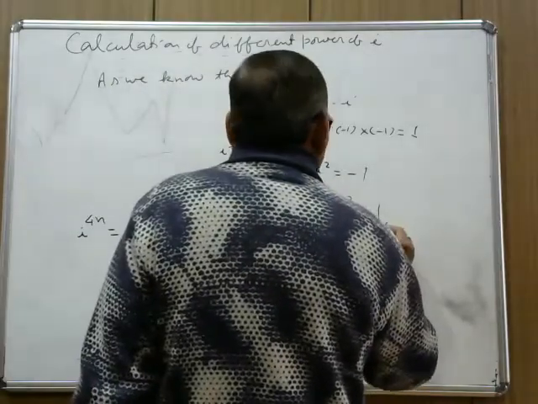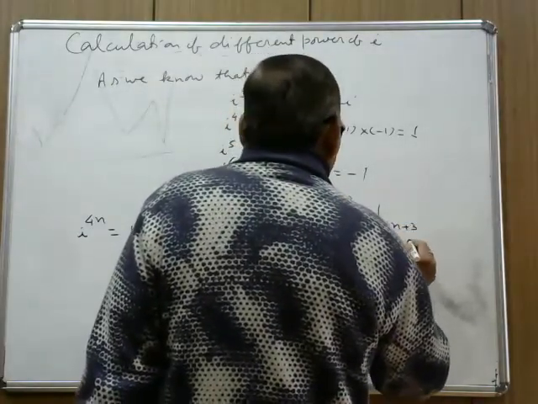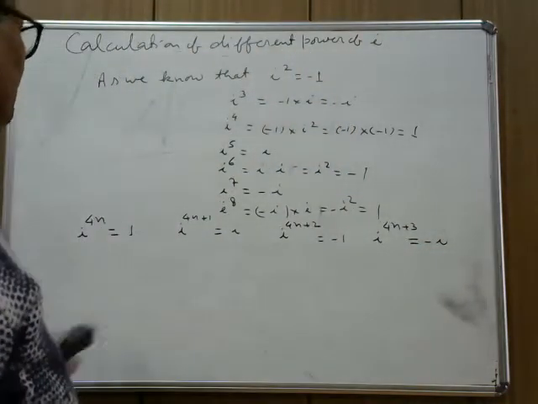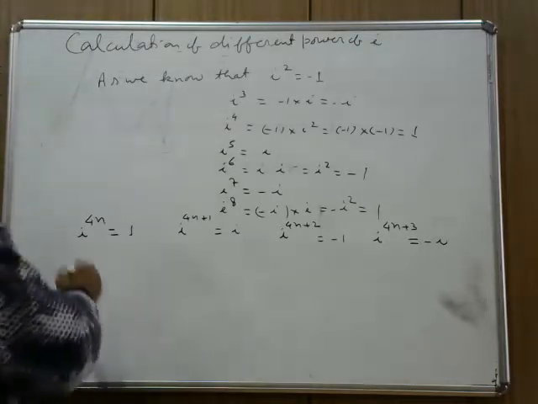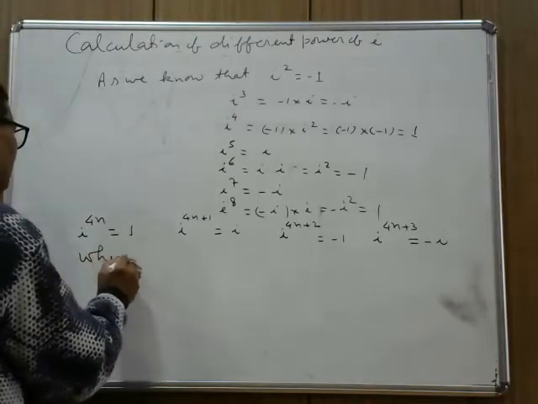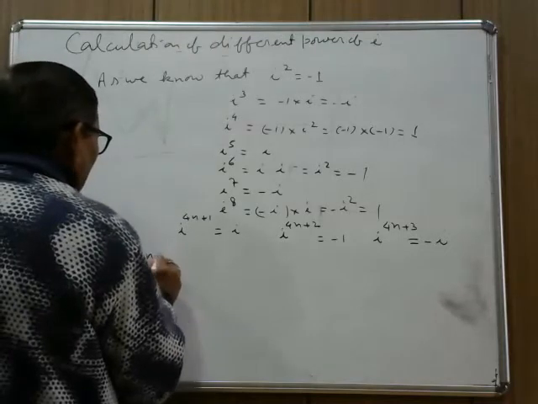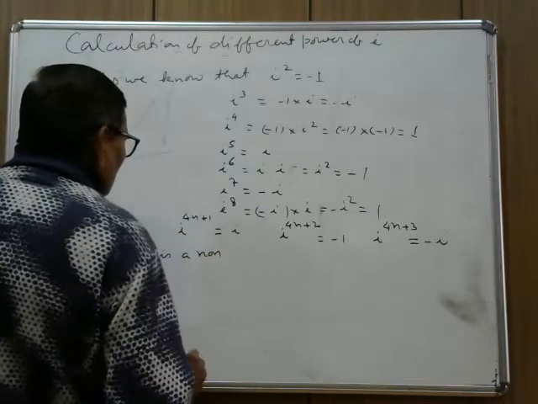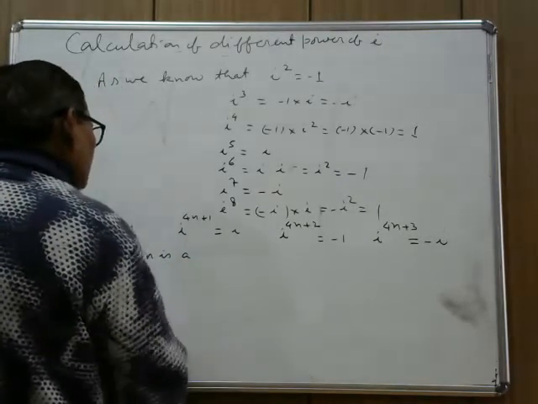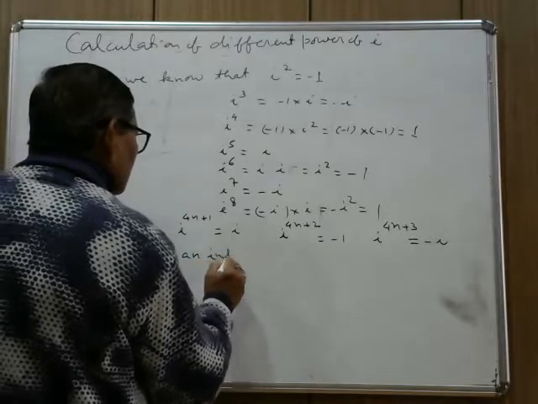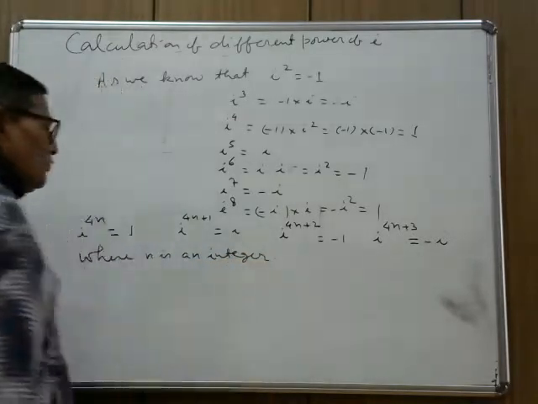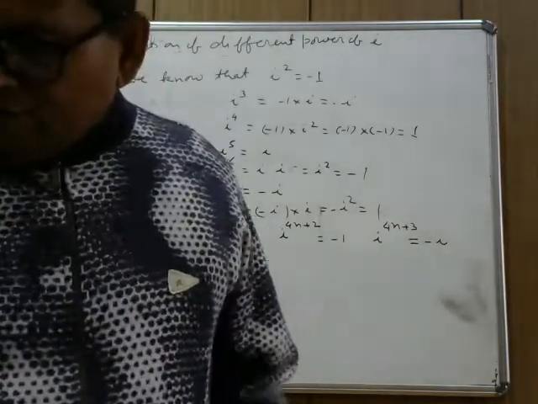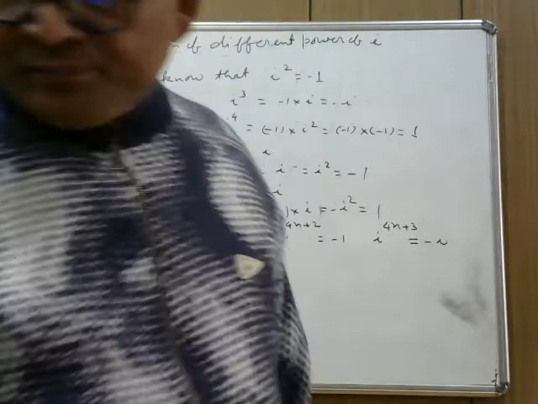And i to the power 4n plus 3 is equal to minus i, where n is an integer. So when you take the value of n as an integer, you will get all this information. So this is the calculation of different powers of i.